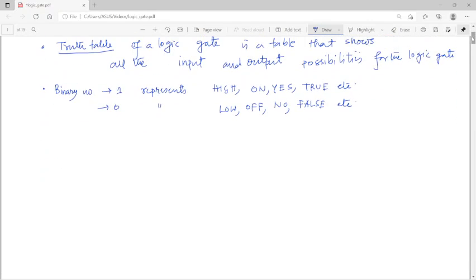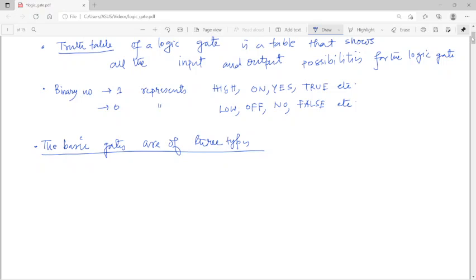Actually, what the logic gates do, like in your computer, is adding two numbers, subtracting two numbers, or multiplying two numbers. What is the basic element by which we can do these operations? There are lots of applications, but I am not going into details. The basic gates are of three types.